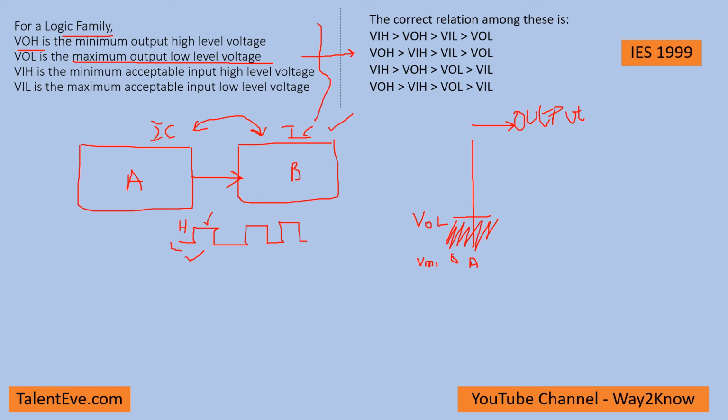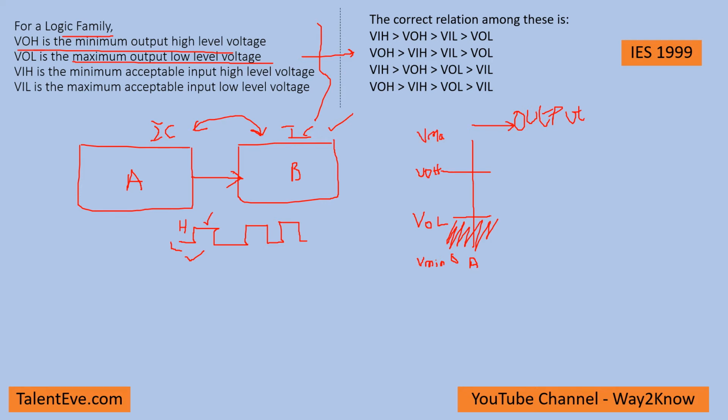Okay, now in this there is one more level called VOH. VOH is the minimum output high level voltage. So now if A wants to transmit high, it has to transmit a voltage above a certain level, which is called the VOH. This is the minimum high level voltage, and there will be Vmax.